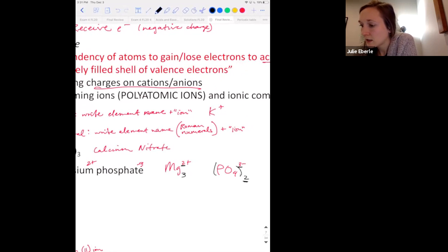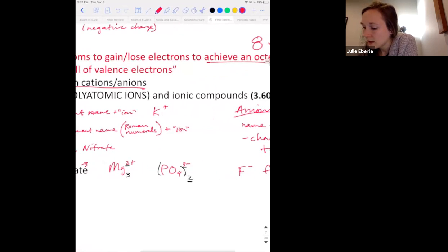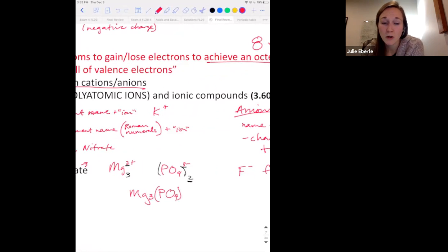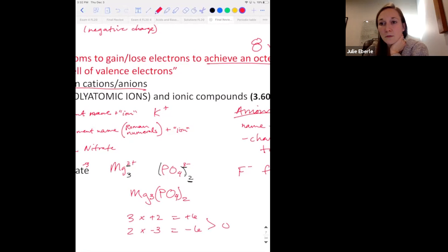So you should get Mg3PO4, and then if it's a polyatomic and you have more than one, you put parentheses around it, and you put how many you need as a subscript outside, so 2. And then let's double check that we have a neutral compound overall. We have 3 cations, and each one is a +2 charge, so that adds up to +6. We have 2 anions, and each one is a -3 charge, so that adds up to -6, and then that cancels to 0.